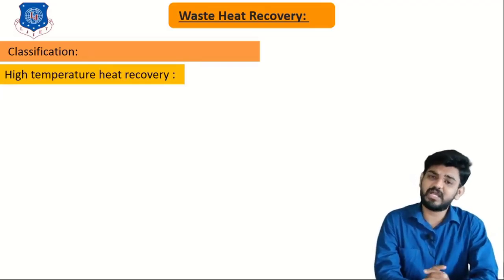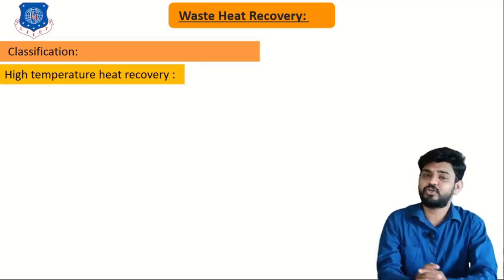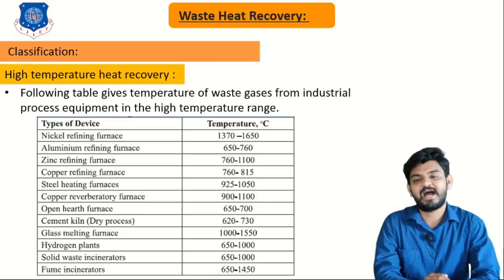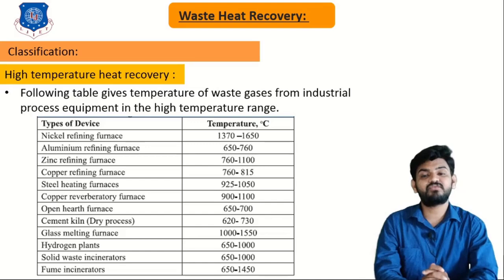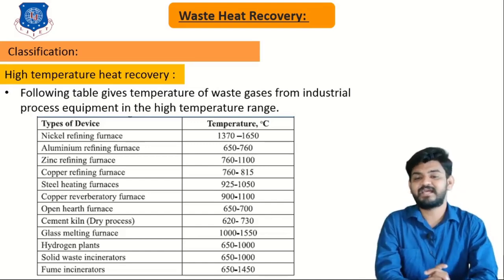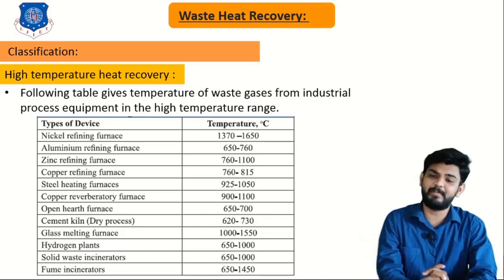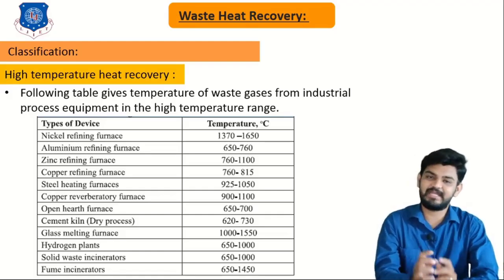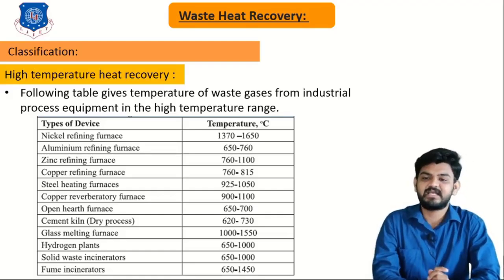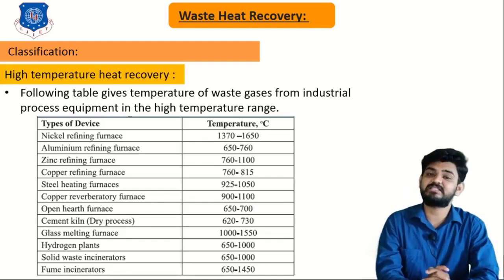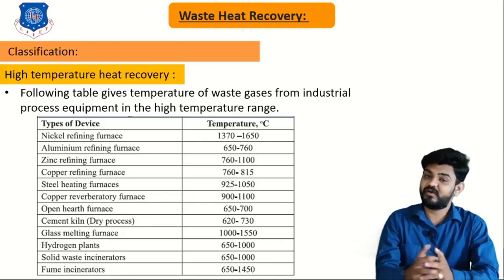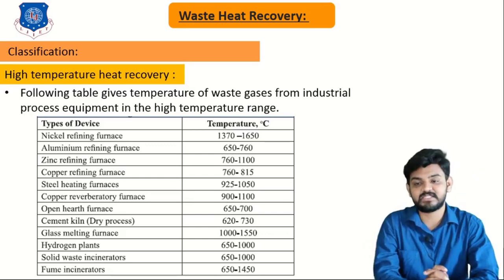Waste heat recovery can be classified based on temperature range, first as high temperature heat recovery. The following table gives the temperature of waste gases from industrial process equipment in the high temperature range, such as nickel reforming furnaces, which operate at 1307 degrees Celsius to 1650 degrees Celsius.